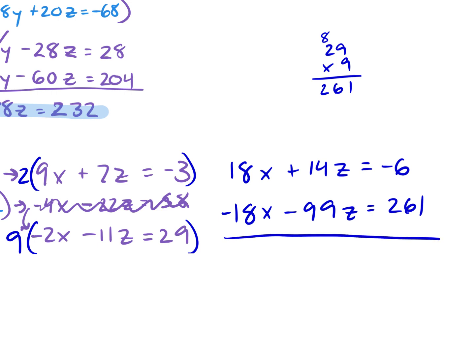Do our x's eliminate now? Yes. What is 14z minus 99z? Negative 85z. And that would be equal to negative 6 plus 261, which is 255.